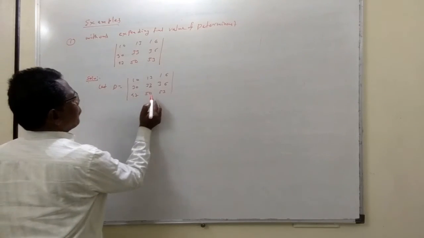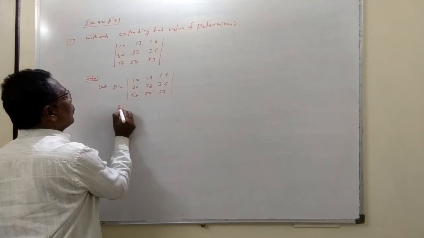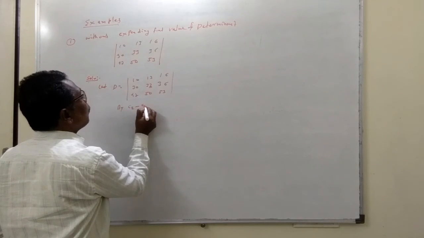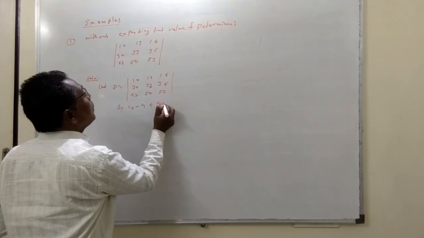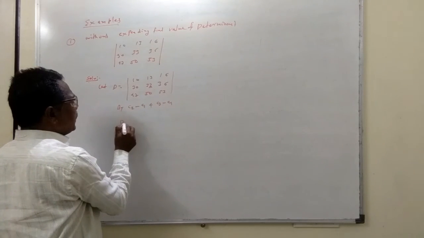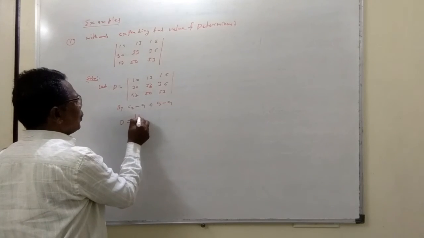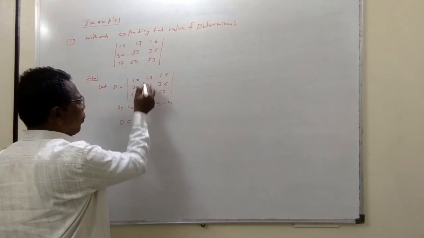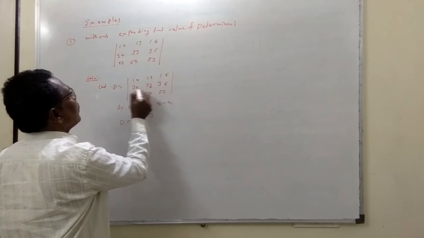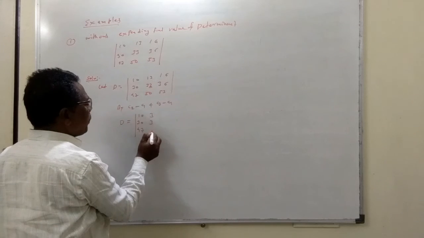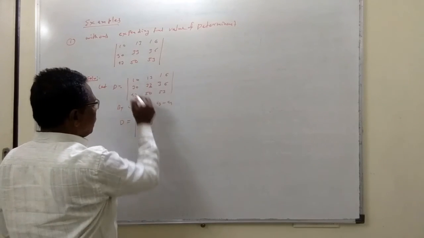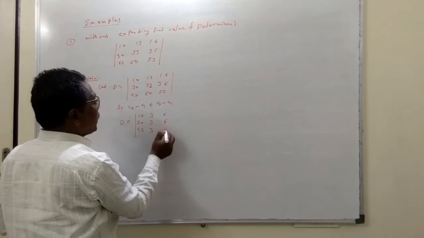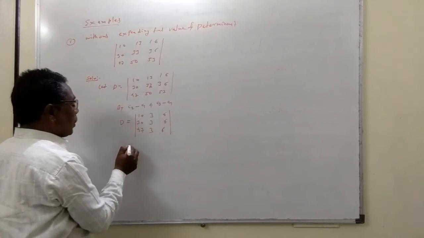So here, suppose you do the operation C2 minus C1 and C3 minus C1, D is equal to, we get determinant 10, 30, 47. Now second column minus first column: 30 minus 10, 3. 33 minus 30, 3. 50 minus 47, 3. 16 minus 10, 6. 36 minus 30 is 6. 53 minus 47, 6.